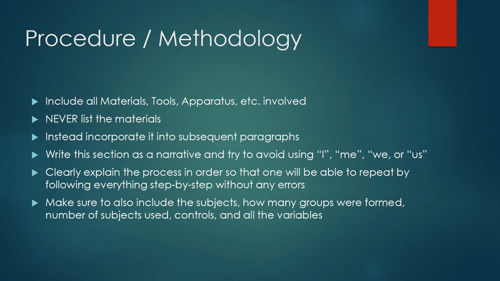And also in your procedure and methods, you can add pictures of the instruments and tools you used, and also of the groups, like the experimental groups. You can take pictures of them and add them to your lab reports, because it gives a better view of how attentive you are and how much you want the reader to understand what you're doing.